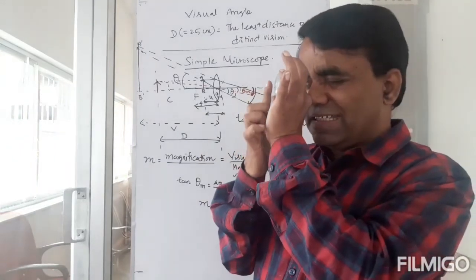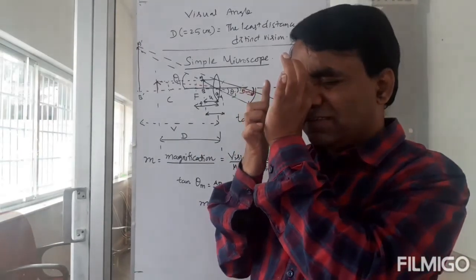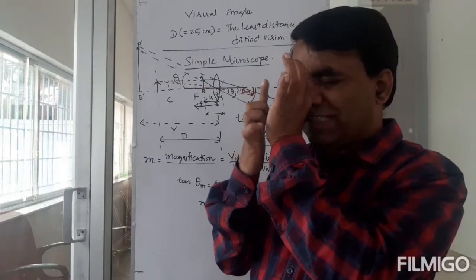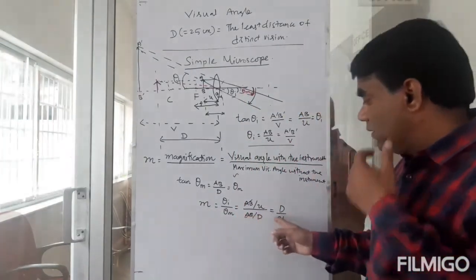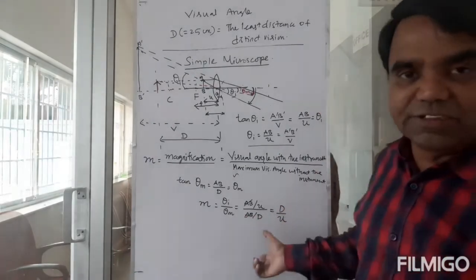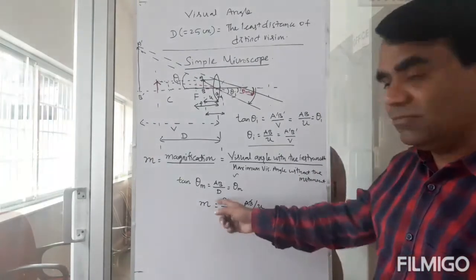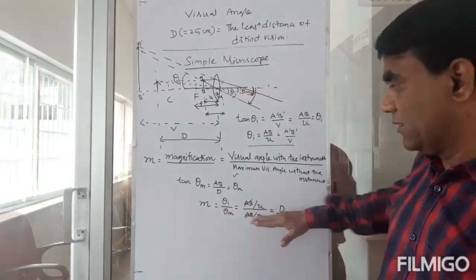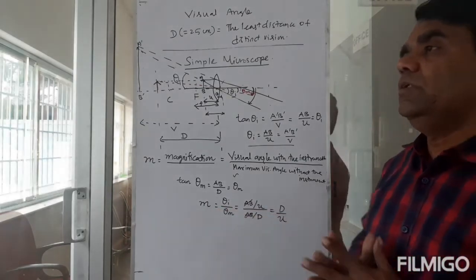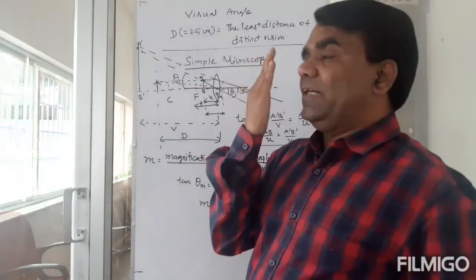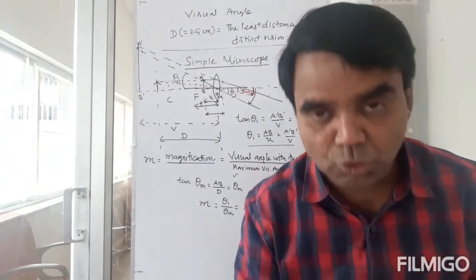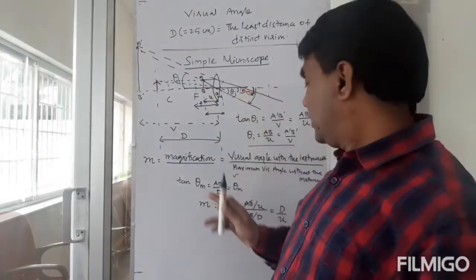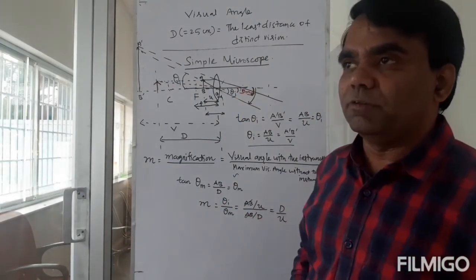So depending on where I keep this, maybe 5, 6, I'm going to get a different magnification. I hope you understand this. M is equal to D by U. Depending on where my U is going to be, I'm going to get a different magnification value.